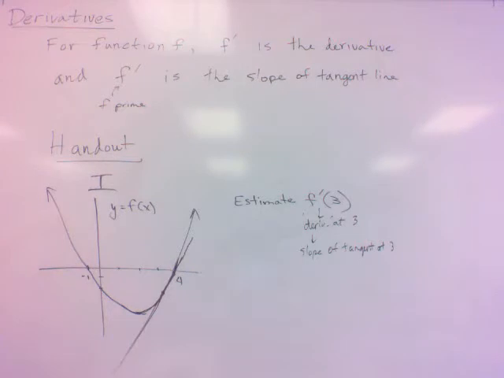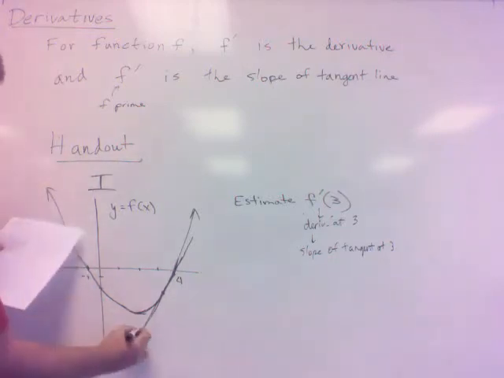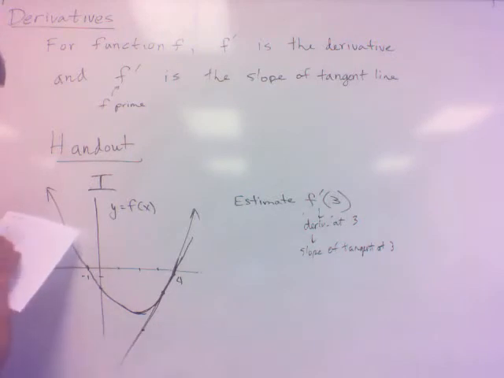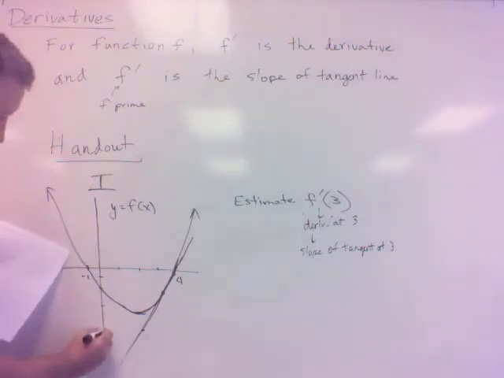Draw your tangent line there and see what slope you come up with. It looks like it's definitely a positive slope. And doing my rise over run, here's what I'm seeing. This point here at 2 is about negative 3.5.